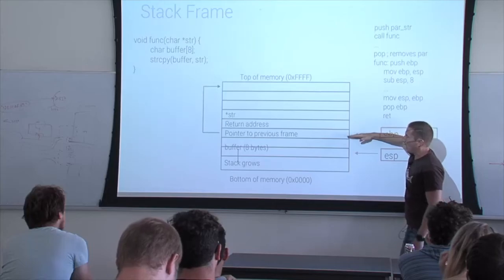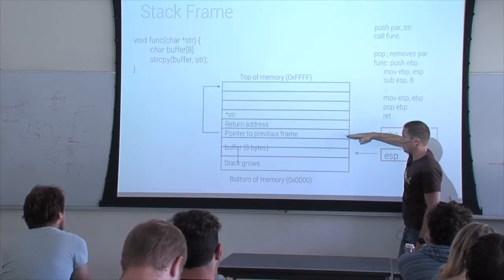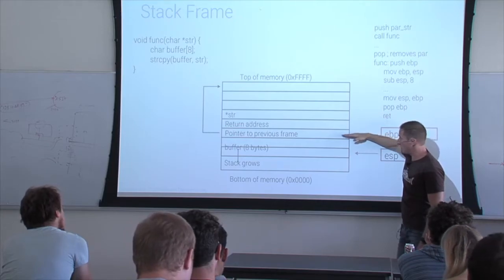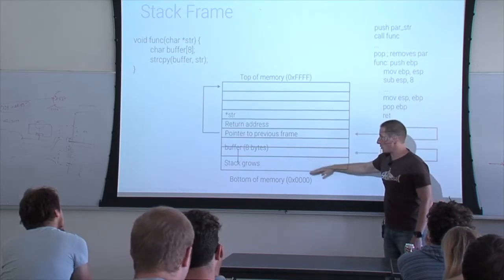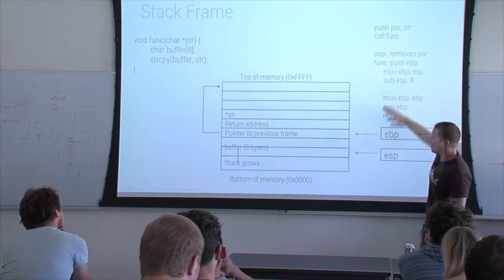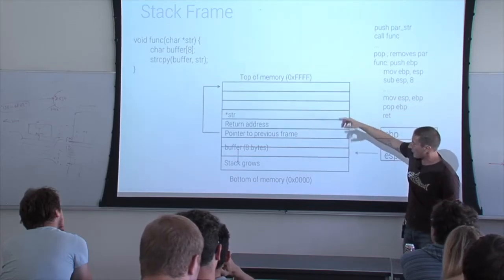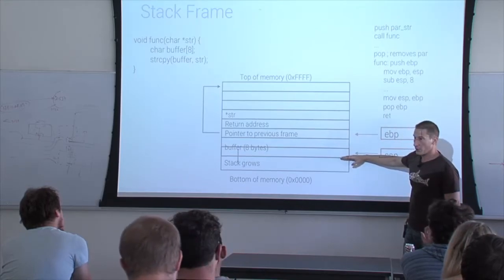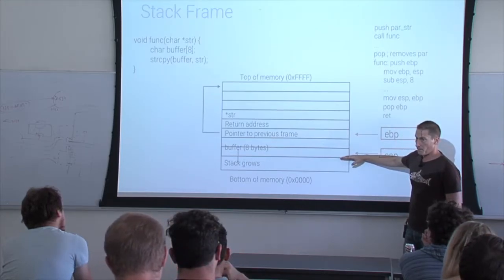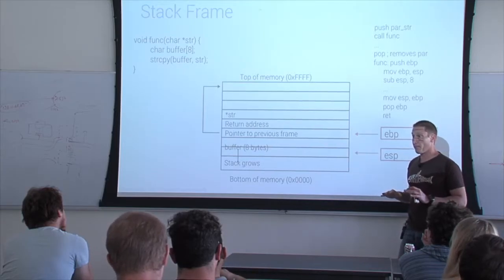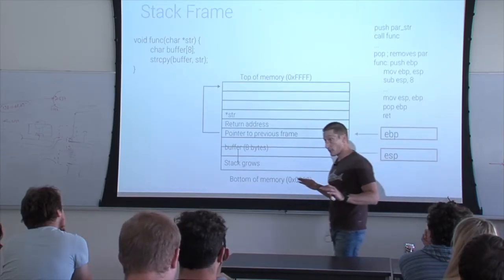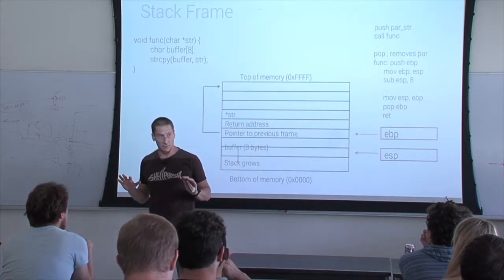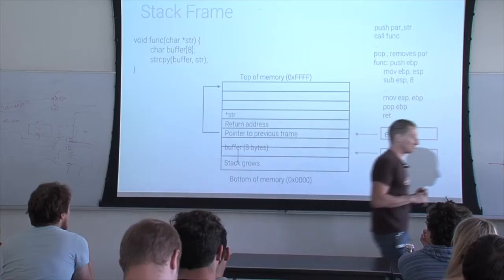So EBP at this point will be pointing to here, and it becomes your new EBP, your new frame. So this is the frame of the new function. And then it subtracts 8 bytes, because it's a buffer of 8 characters. And so the stack pointer now points exactly to this last byte here. Okay? Is this super clear to everybody? EBP, ESP, everybody's super clear. Great.